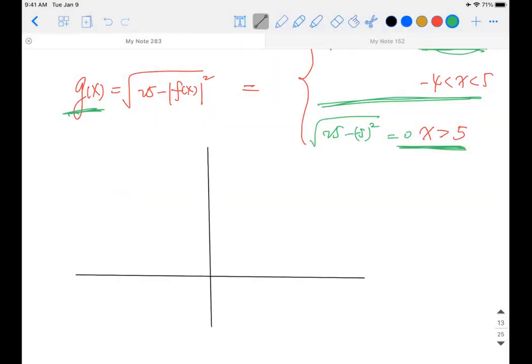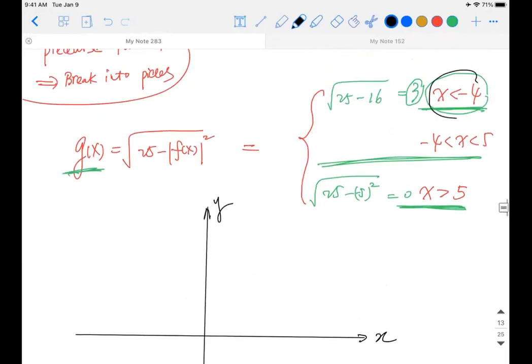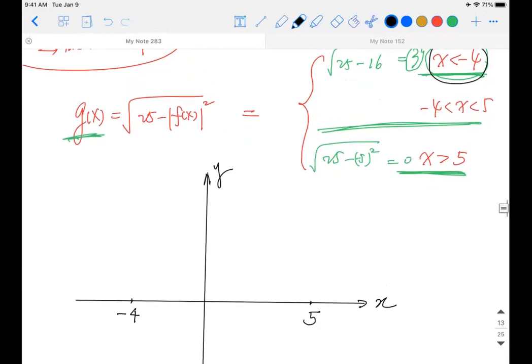So this is my x, y. This is my y, this is my x. This is -4, and this is positive 5. As long as x is less than -4, the entire g(x) equals 3.